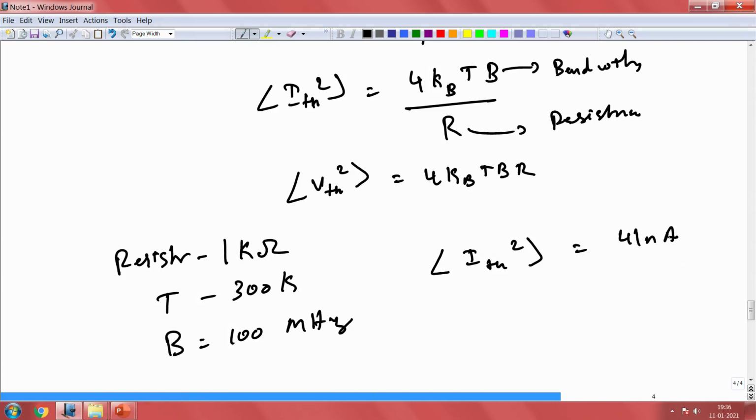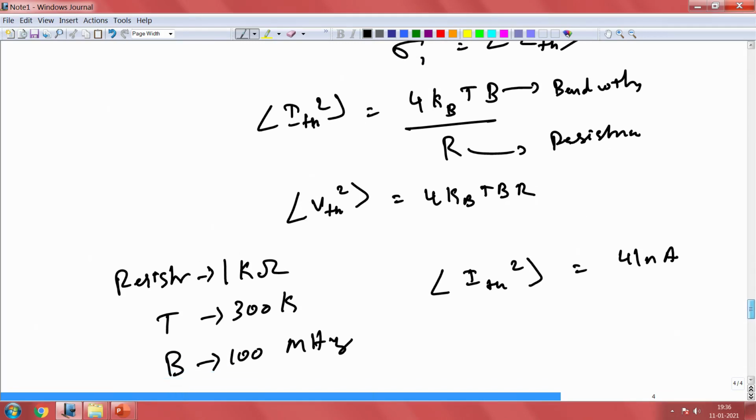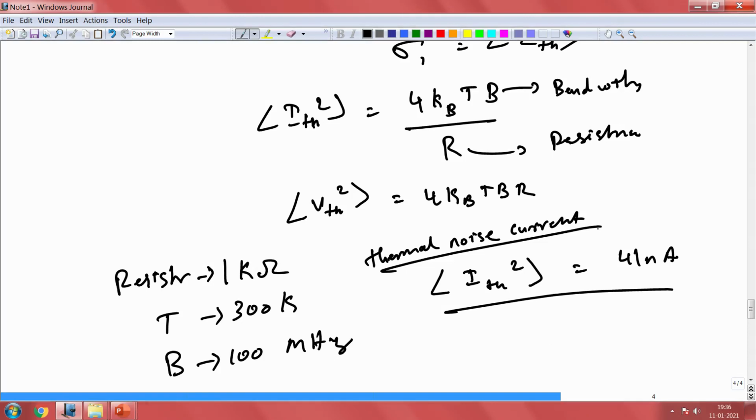That gives you an example of the relation between various circuit parameters and absolute device parameters on the noise performance. I missed this one, this should be half here.